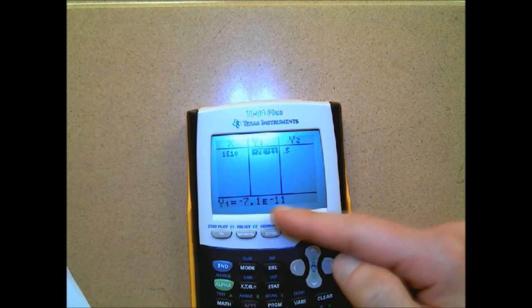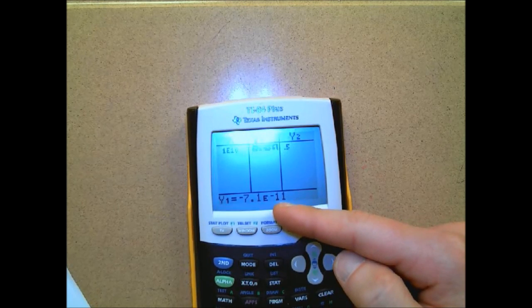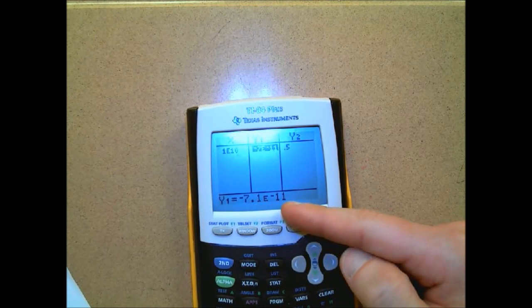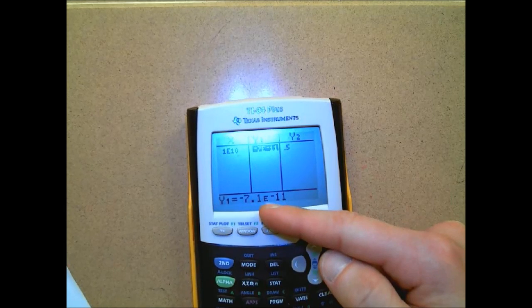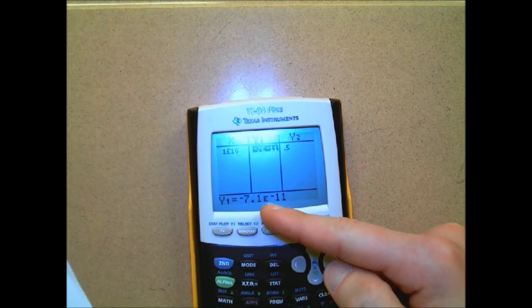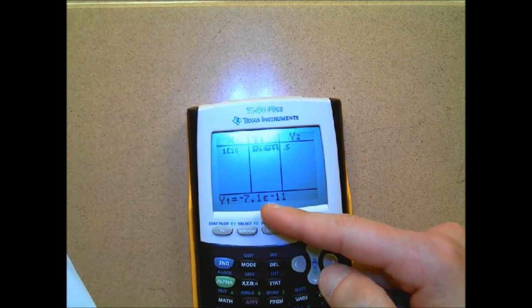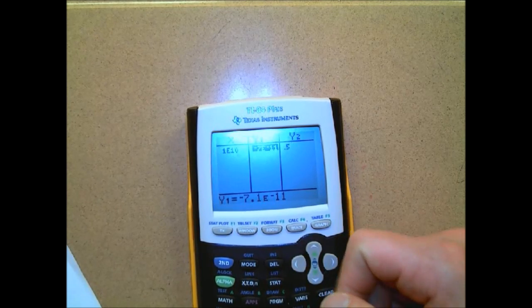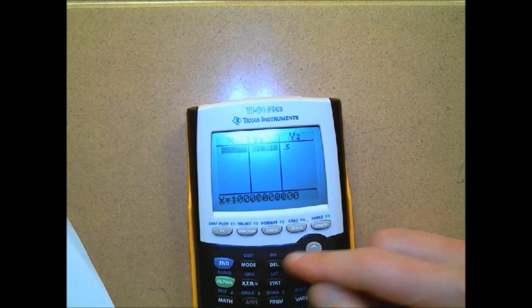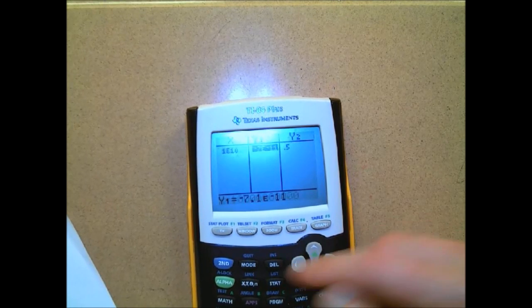What does that e -11 mean? Yeah, it's times 10 to the negative 11th. So this is negative 0.0000000000071. This is really close to 0 on the negative side. So it looks like we have a horizontal asymptote in this case of 0.